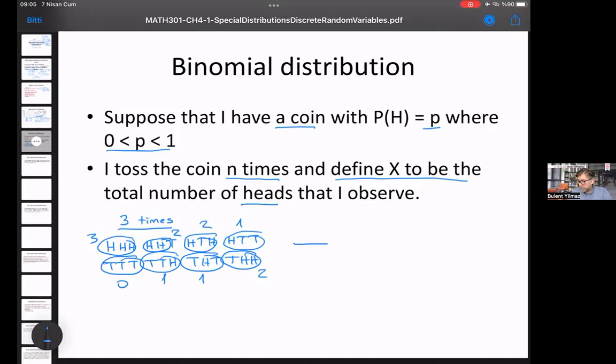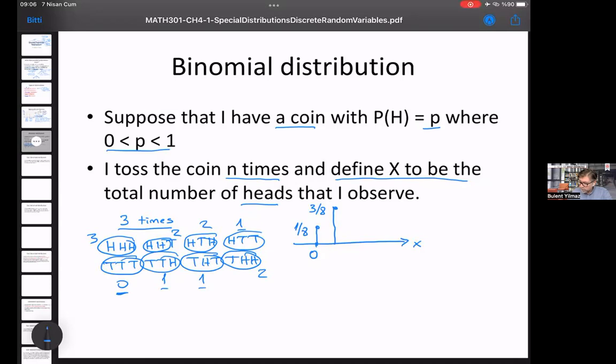And last time we plotted the PMF of this. For 0 heads, I have 1 out of 8 possible outcomes. So 1 over 8 is the probability of obtaining 0 heads. What's the probability of obtaining 1 head? It is 1, 2, and 3. So 3 over 8. Out of 8 possible outcomes, 3 outcomes will give me 1 head.